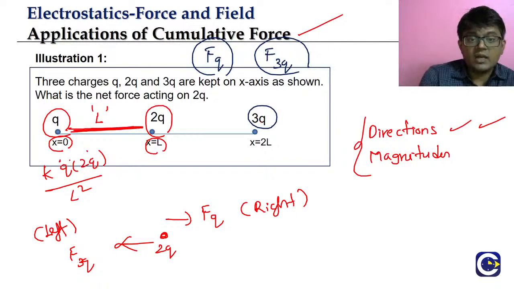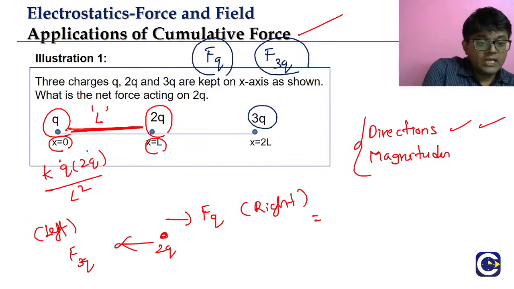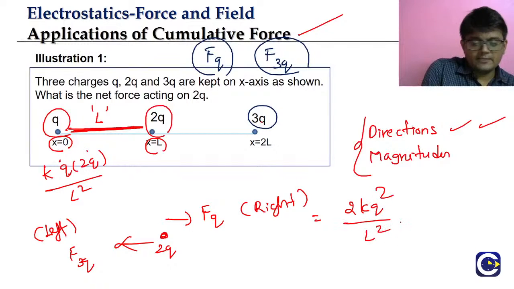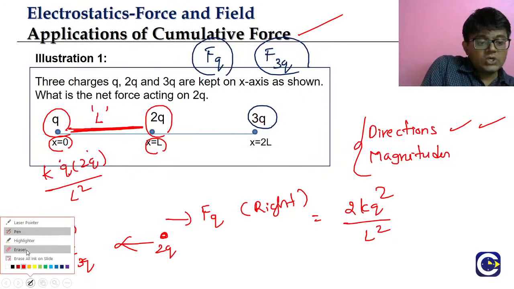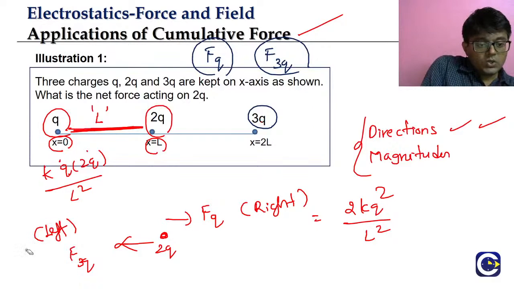So அதனால we are not keeping the modulus value. Okay va? So k into product of the magnitude of the charges divided by distance square. இதுல distance என்னது? l. So அதனால l square வருது. So the force because of q ஓட magnitude என்ன வரும் பாருங்க, 2kq square by l square. Okay va? So that is the force between the charge q and 2q. இதுக்கு அப்புறம் நமக்கு என்ன வேணும்?